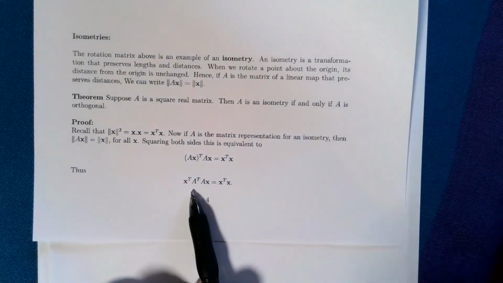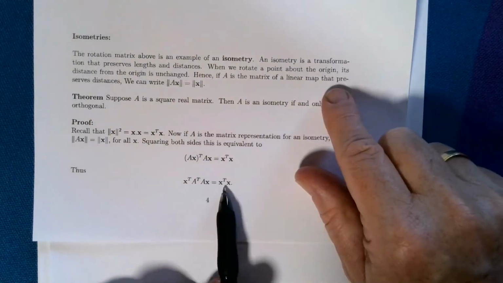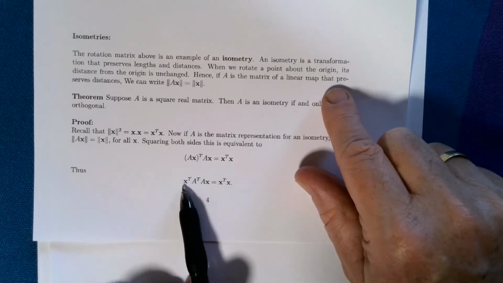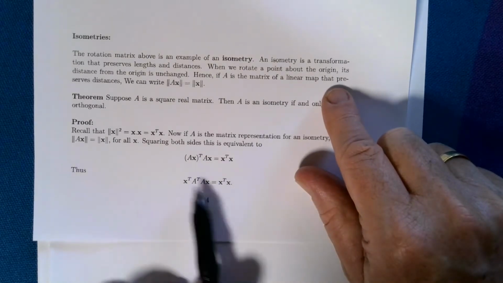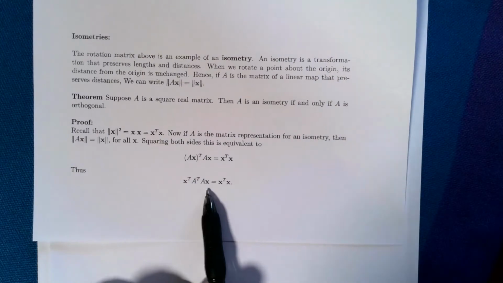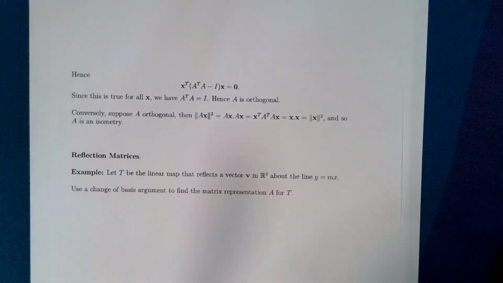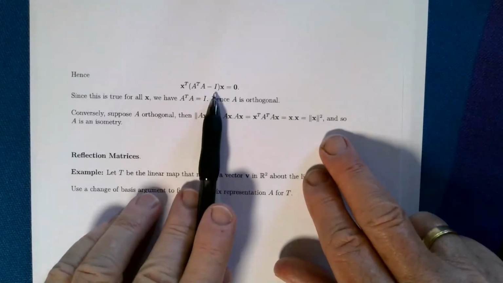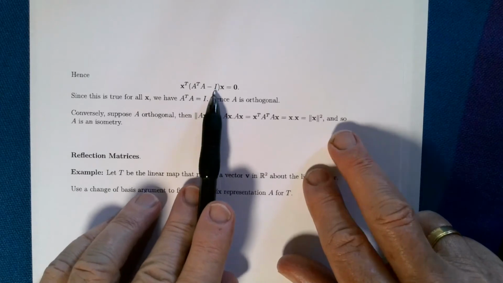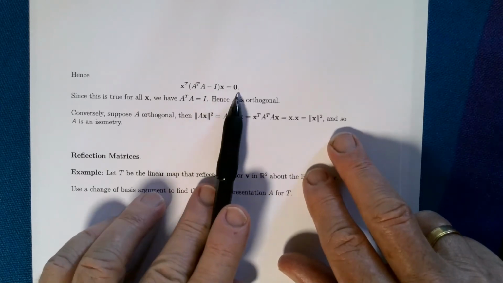And what I'm going to do now is take this to the other side. I'm going to factor an x transpose out on the left and an x out on the right, and that's going to give me this fact, that x transpose times (A transpose A minus, I'll need an identity matrix here to make sense of it, I) times x is the zero vector.